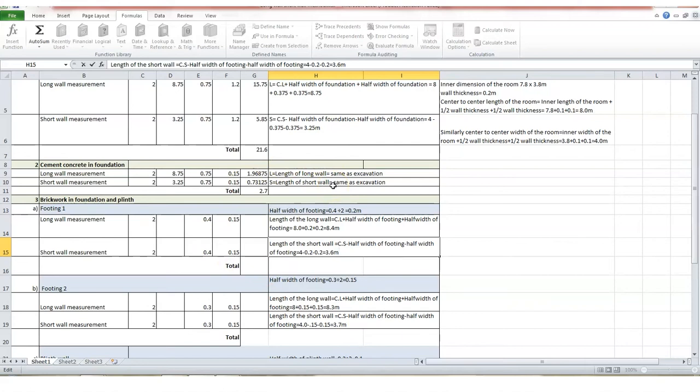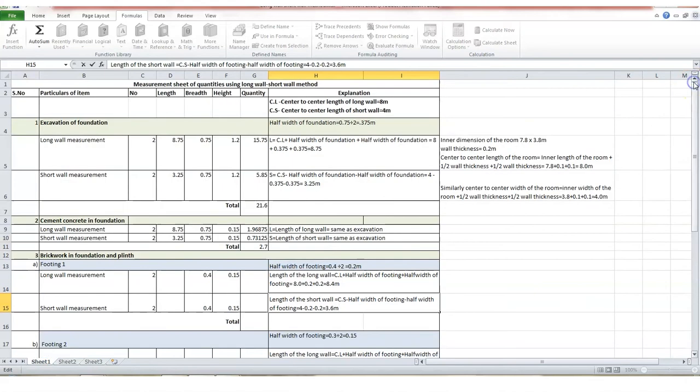So for this, the length of the long wall is what we got in the previous one, same as excavation. And the length of the short wall is also what we had before, which is 3.25 meters. So we have 8.75 into 0.75 into 0.15.